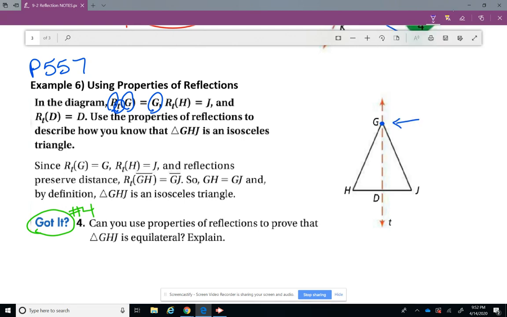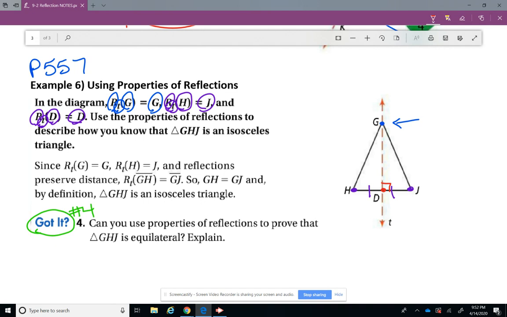So a reflection of point H over line T is J. Okay, so H and J are reflected. That means this distance is the same as this distance. And the reflection of point D over line T is D itself. Okay, so we know now that that's really a perpendicular bisector.